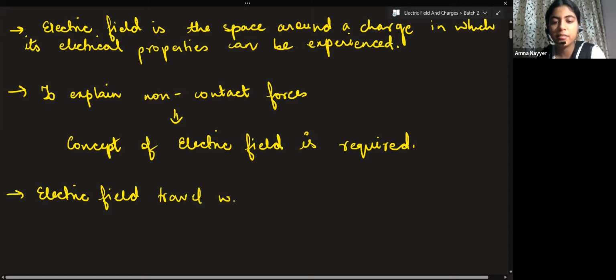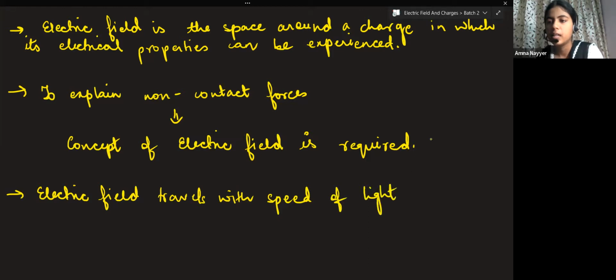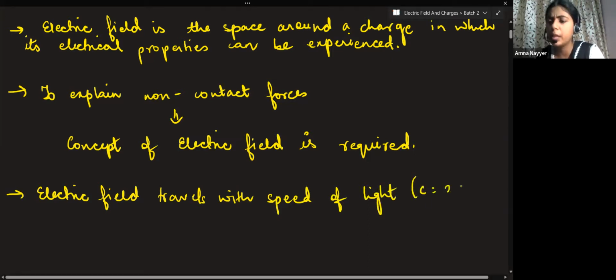So electric field travels with the speed of light. The speed of light, c, which we usually represent as 3 into 10 to the power 8 meter per second, is the speed with which electric field travels.